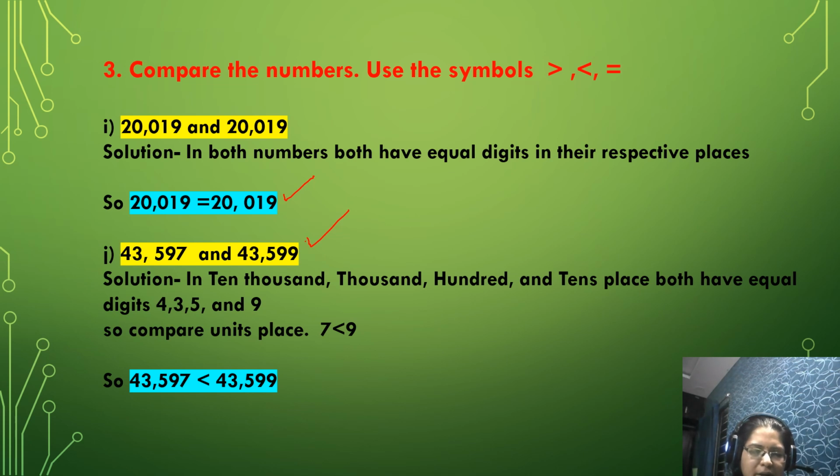Both are equal, 9 and 9. So next we move to the ones place digit. In the ones place, in the first number 7 is there. In the second number, in the ones place, that is the unit place, 9 is there. We know 7 is less than 9. So we get 43,597 is less than 43,599.